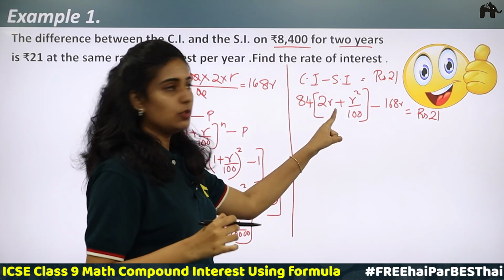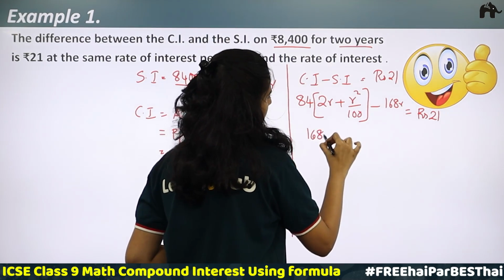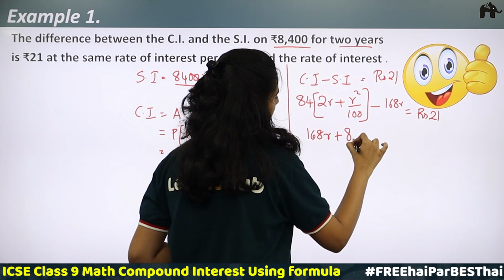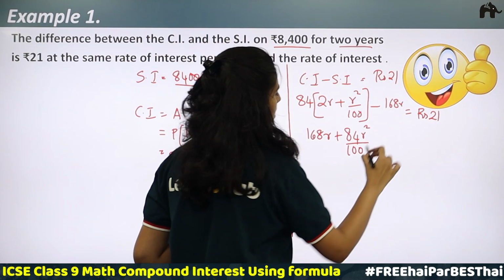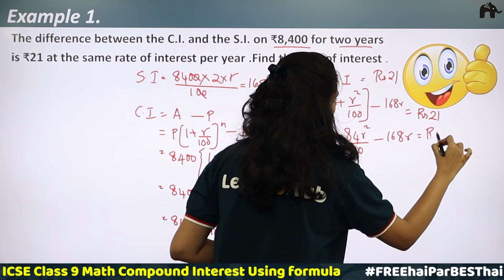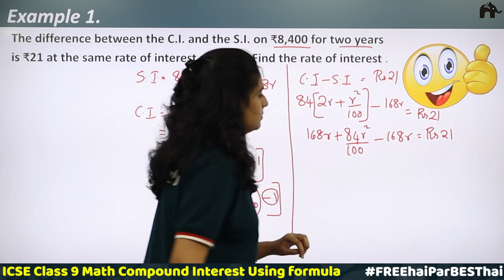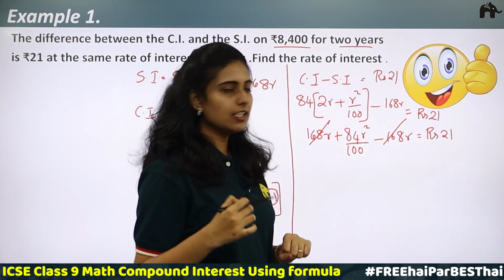Okay, 84 into 2R, you will be getting 168R plus 84R square divided by 100 minus 168R is equal to rupees 21. Okay, 168R minus 168R can be removed.